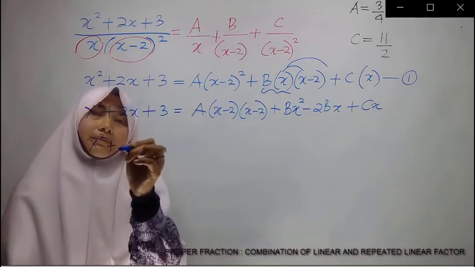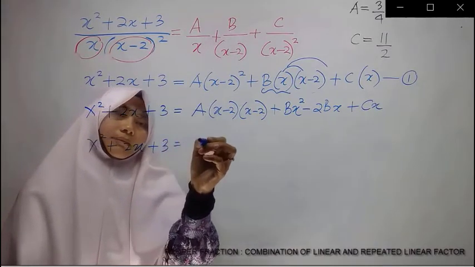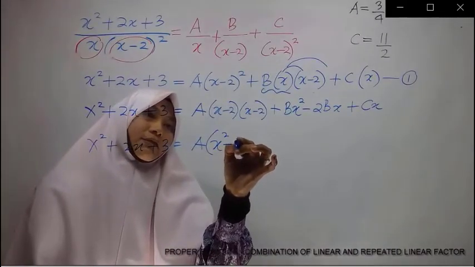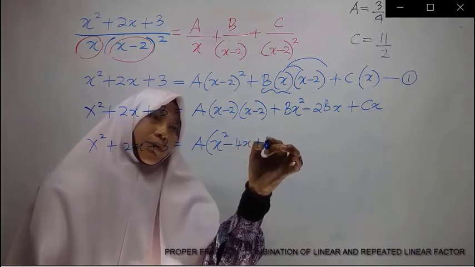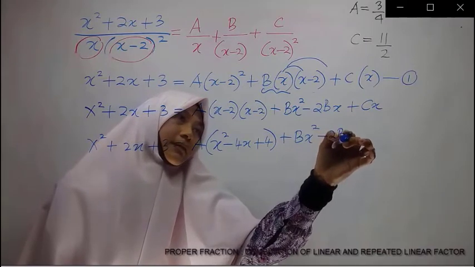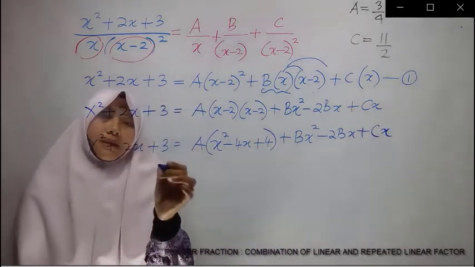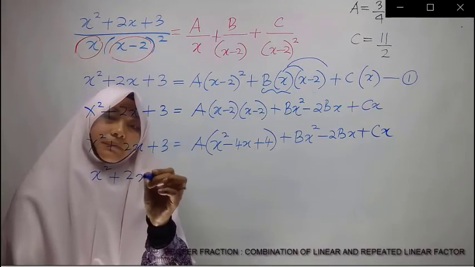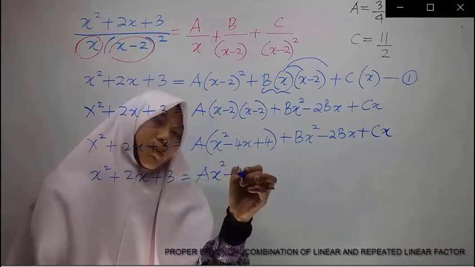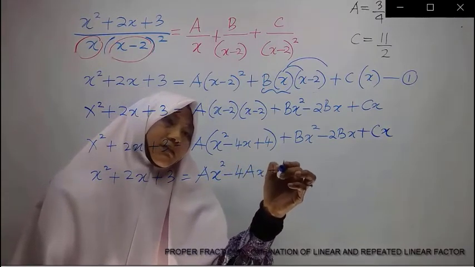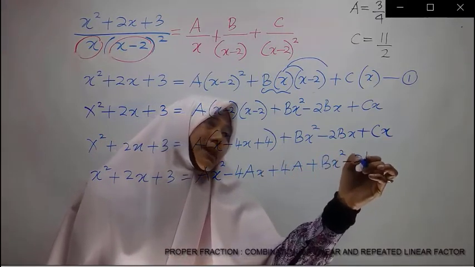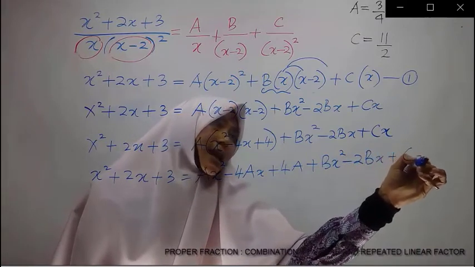Then here we will get x squared, so we will get negative 4x plus 4. Minus 4Ax plus 4A plus Bx squared minus 2Bx plus Cx.